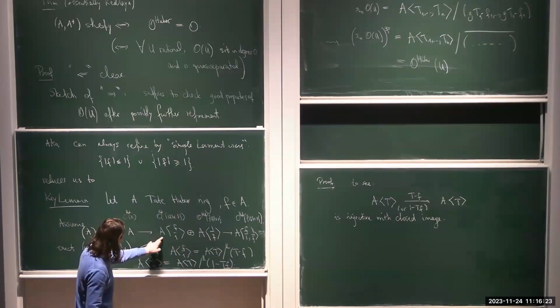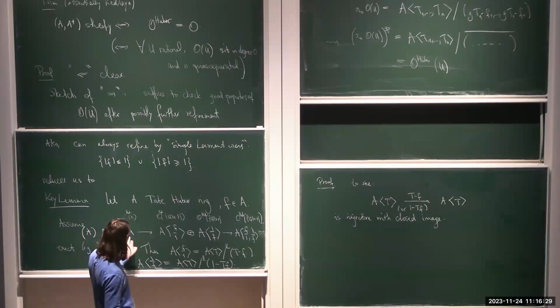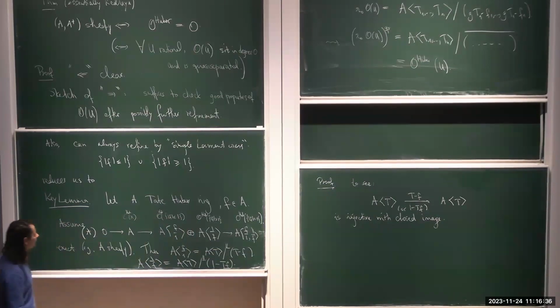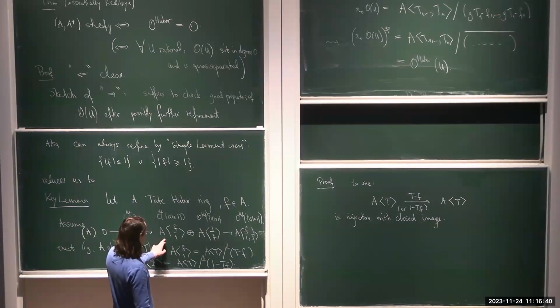But then this map here we assume to be injective, and so we get the injectivity. And similarly, this map actually has closed image because the image is precisely the kernel of the next map. So using this, you can also check that if it has closed image over these rings, then also here it must have closed image.